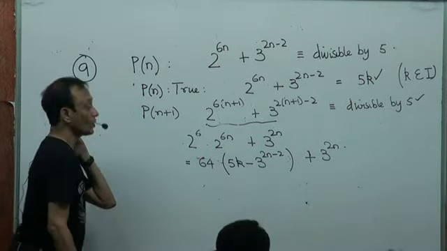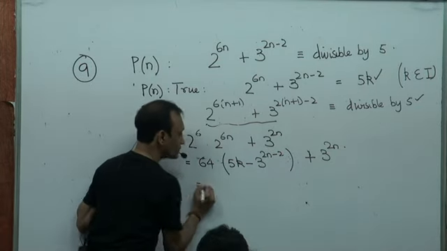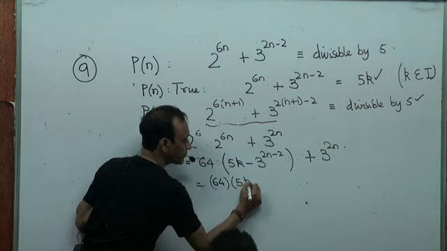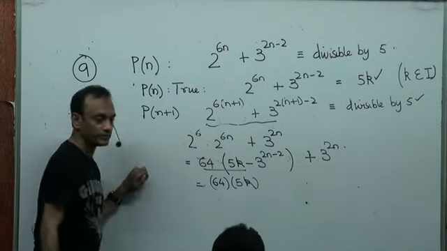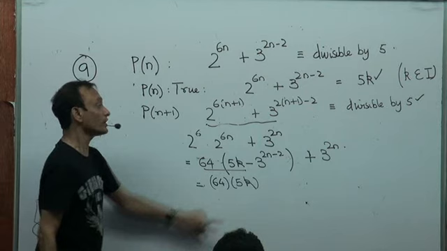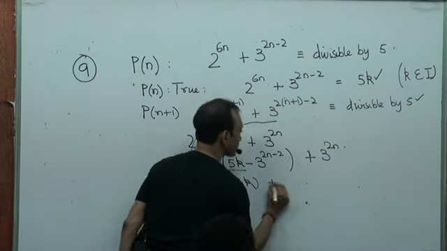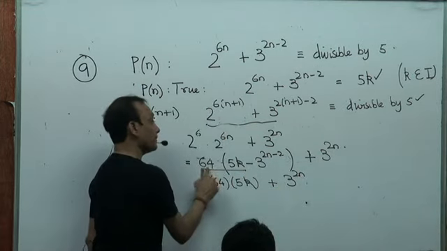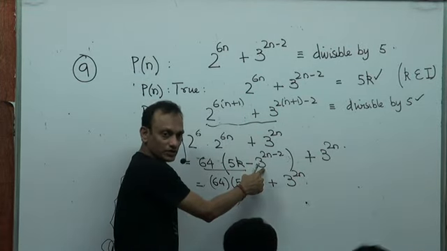Clear? Now, this is like 64 into 5k, already divisible by 5, plus 3 to the power 2n, minus 64 into 3 to the power 2n minus 2.